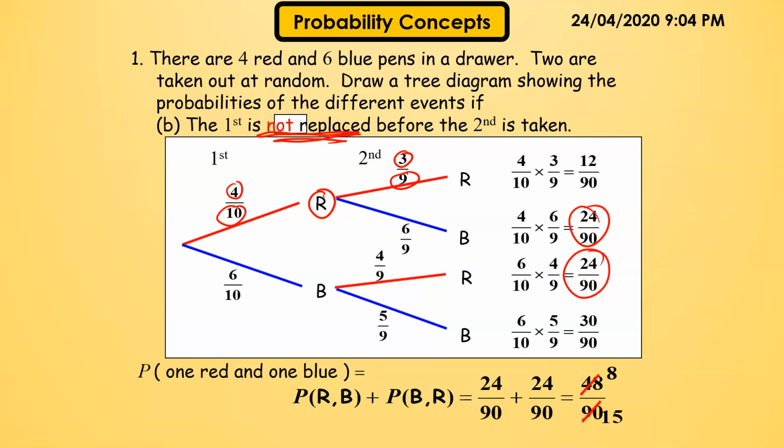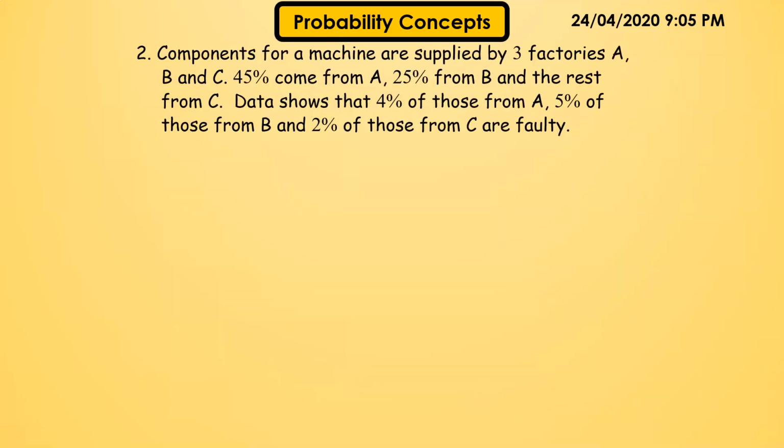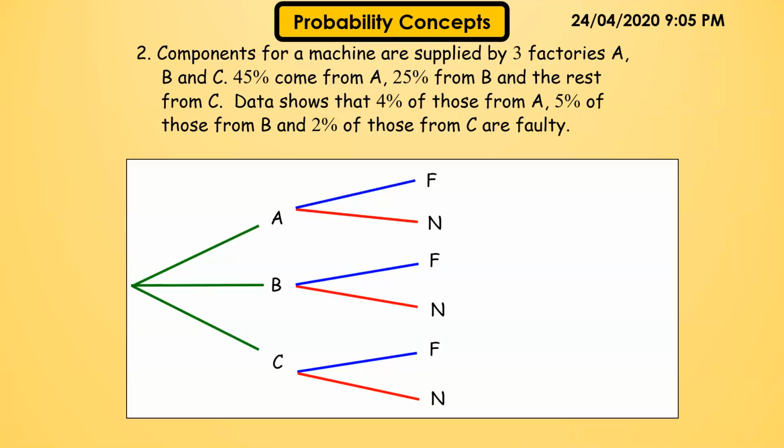So if we take a look at question 2, okay, the components for a machine are supplied by 3 factories, A, B, and C. 45% comes from factory A, 25 from B, and the rest comes from C. And then we look at how faulty those components are. So the key thing is setting up your diagram. So first of all, it's the factories.